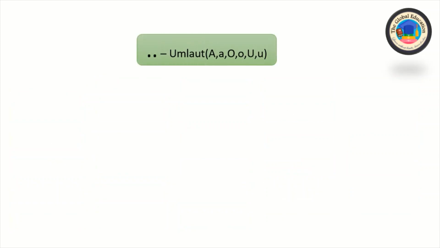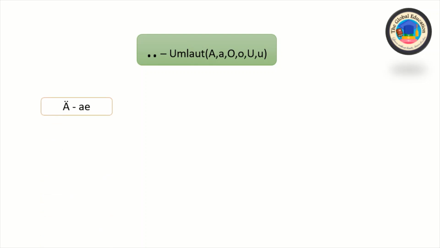These two dots we call umlaut in German, and we can put the umlaut on A, O and U, in small as well as capital letters.